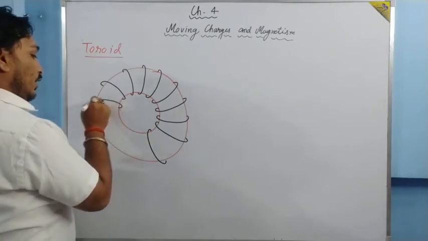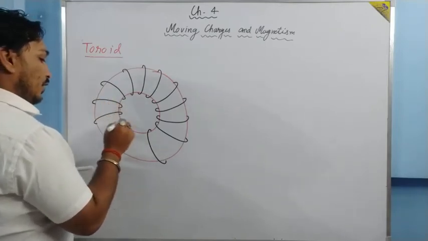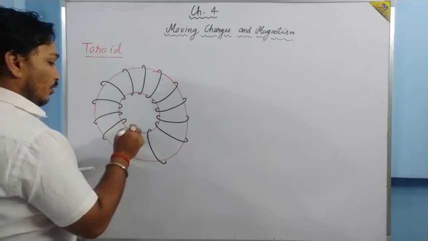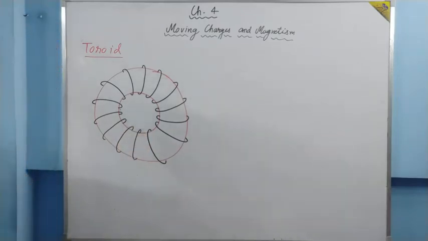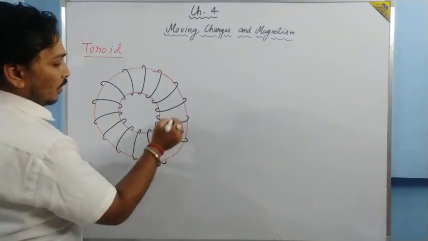In this manner we get the structure, and this very structure is called a toroid. Now suppose the current is flowing in this manner.